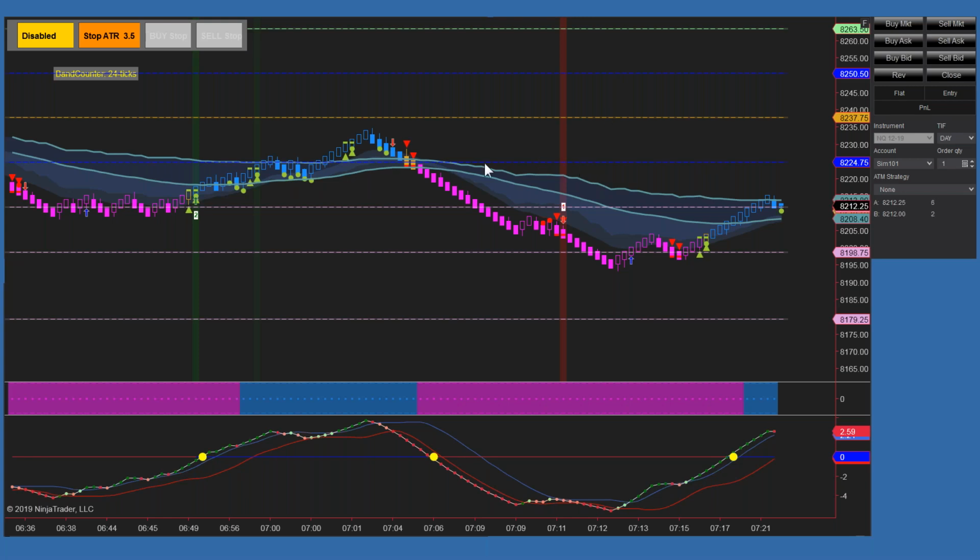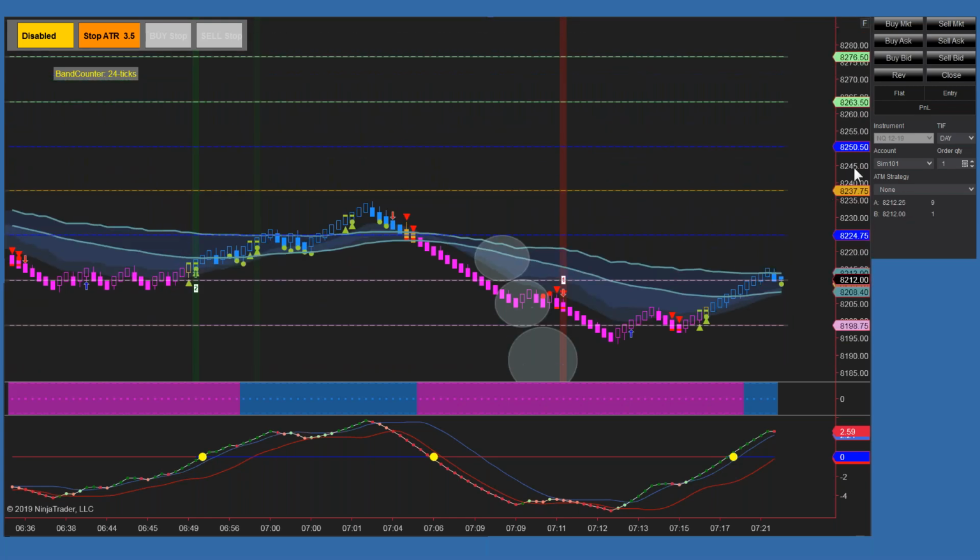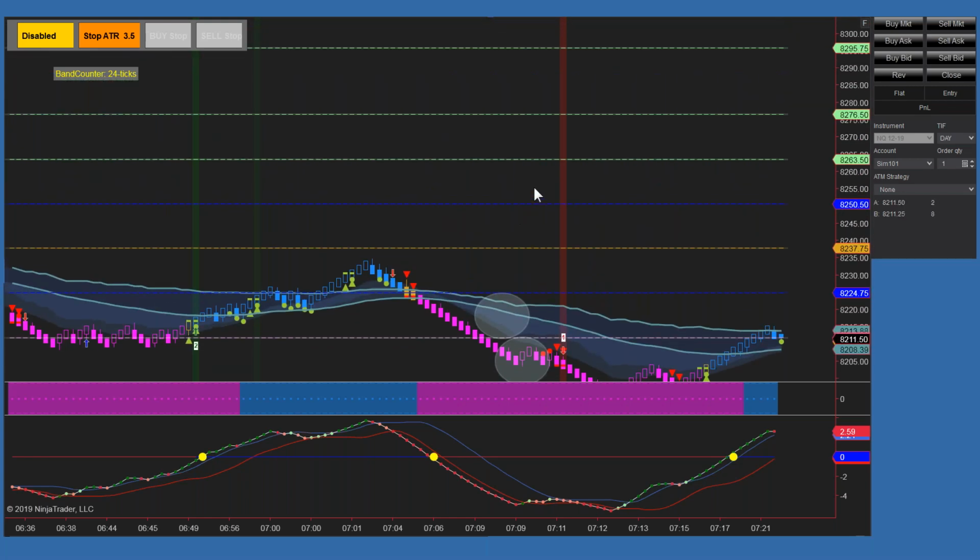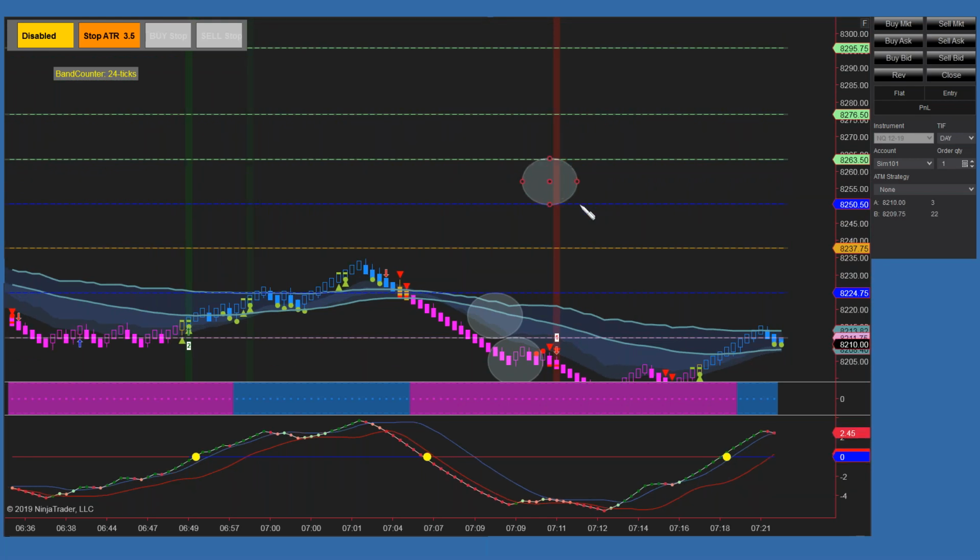If the market breaks below the primary support line, it will have a tendency to move two zones. There's zone 1, there's zone 2. If the market's trending really strongly, it will make 3 zones. Likewise, if the market breaks above the primary resistance line, it will have a tendency to move 2 zones, zone 1, zone 2.